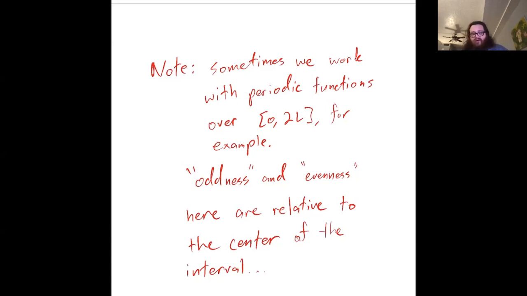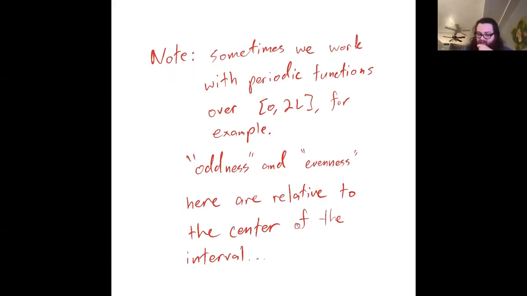Sometimes we prefer the interval 0 to 2L. So again, we have a periodic function of period 2 pi. But other times, especially numerically, we'd be interested in periodic functions over intervals that aren't 0 to 2L or negative L to L. Intervals like A to B.